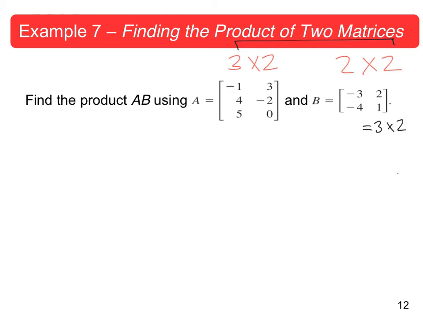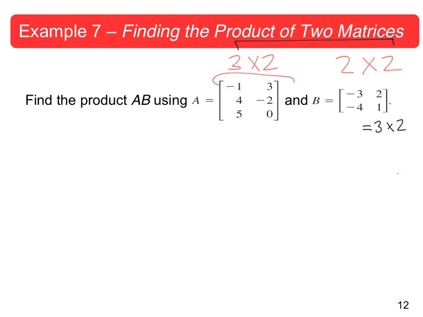So now let's find the product. When we find the product, notice that I took this 3, which represents the rows, and I took this 2, which represents the columns. So when I multiply them, I'm taking the row and I'm combining it to the column. So row of the first matrix, combine it to the column of the second matrix. Specifically like this.